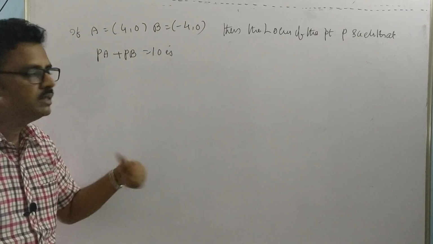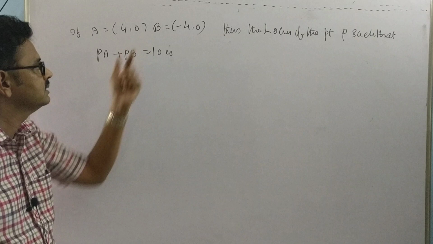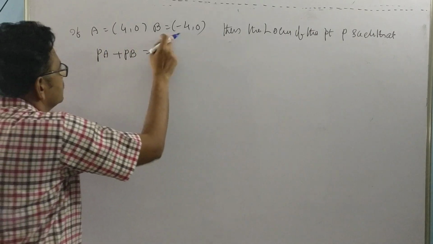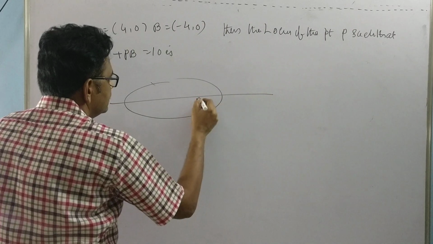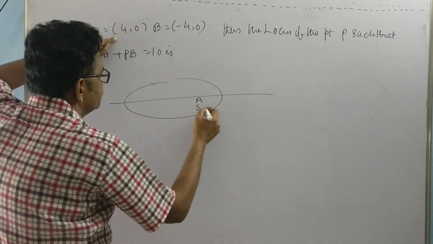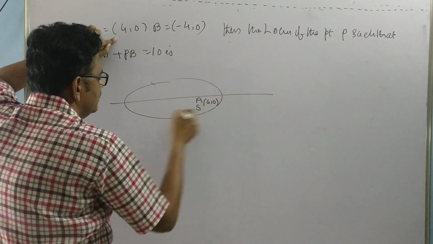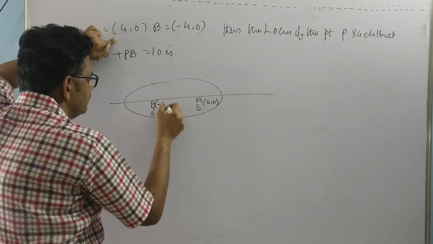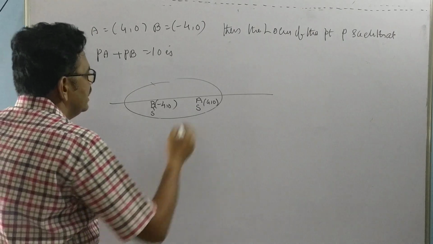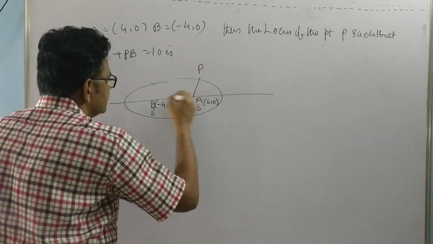But the background of all this is this. See here, A is nothing but S, 4 comma 0. B is S dash, minus 4 comma 0. And P is a point.